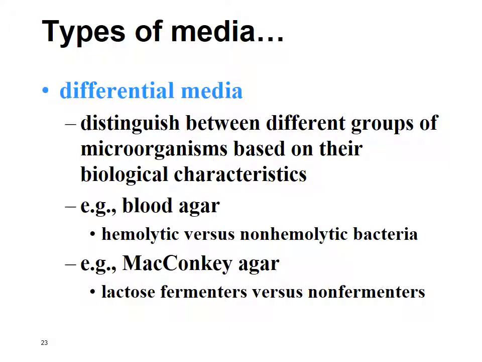So what we've just looked at are two different types of differential media. This media is used to distinguish between different groups of microorganisms based on their biological characteristics. So for example, blood agar will distinguish between hemolytic and non-hemolytic bacteria. MacConkey agar will distinguish between lactose fermenters versus non-fermenters.